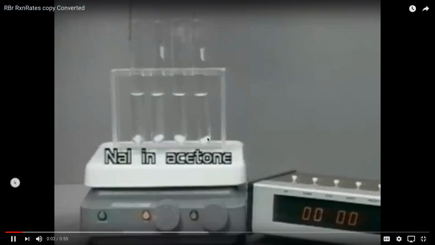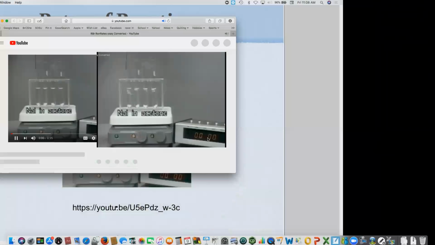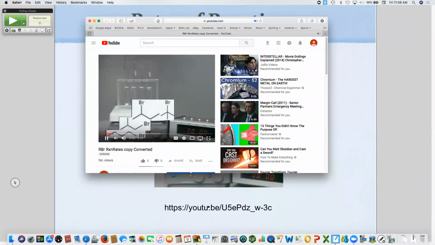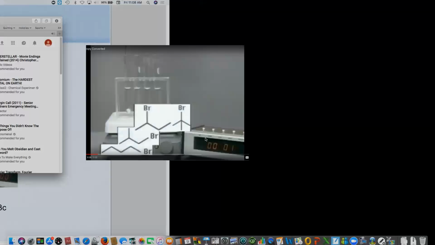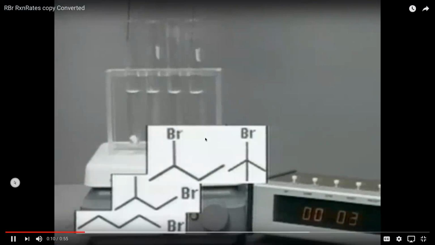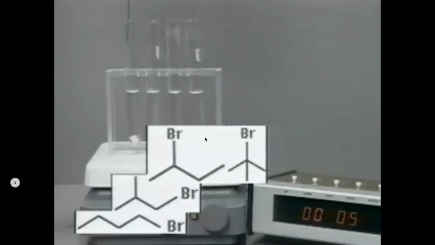4 test tubes contain a solution of sodium iodide in acetone. The following isomeric alkyl halides are added to separate tubes: 1-bromobutane, 1-bromo-2-methylpropane, 2-bromobutane, and 2-bromo-2-methylpropane. The solution containing the primary halide, 1-bromobutane, quickly becomes cloudy as sodium bromide precipitates.